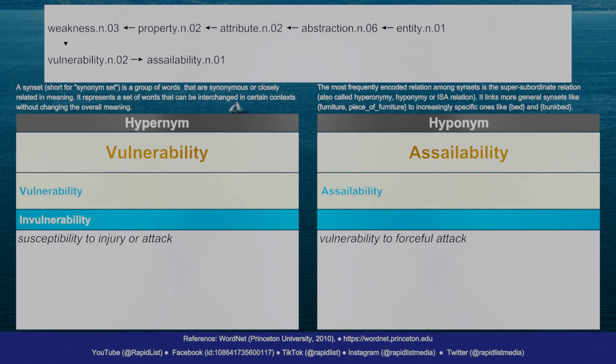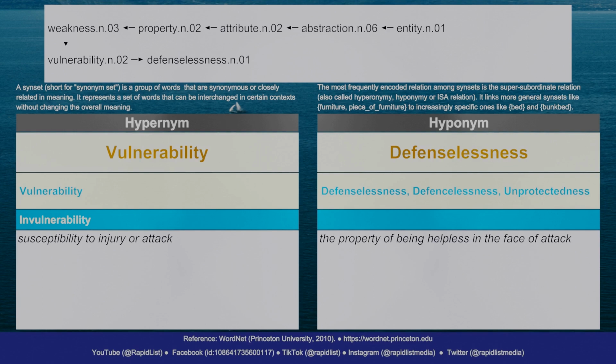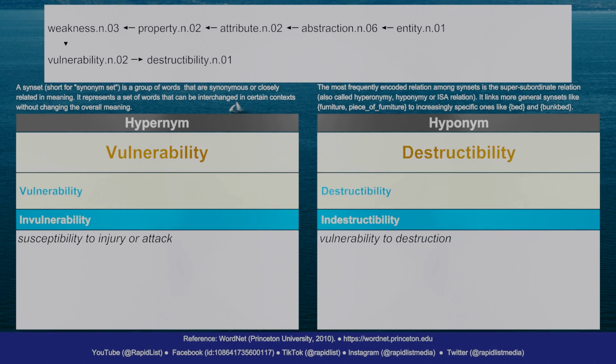Assailability. Vulnerability to forceful attack. Defenselessness. The property of being helpless in the face of attack. Destructibility.